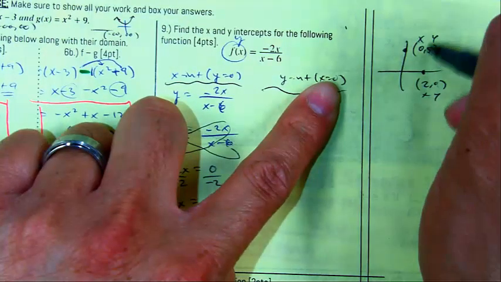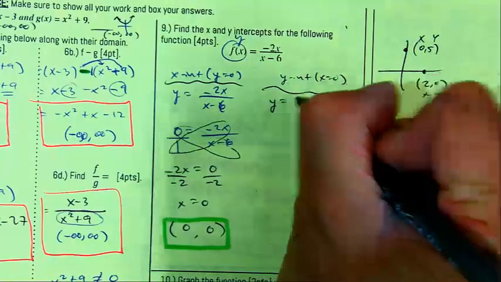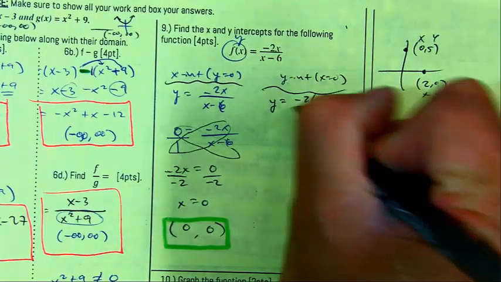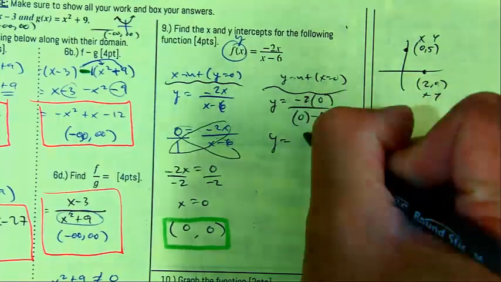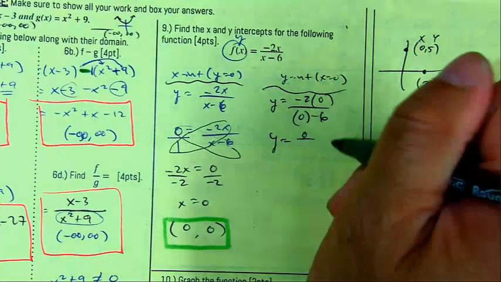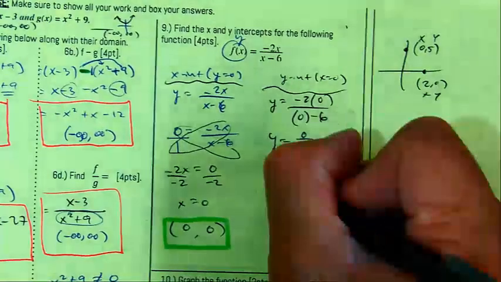Okay? So if we make x equal to 0, I'm going to get negative 2 times 0 is 0, and 0 minus 6 is negative 6, and 0 divided by negative 6 is 0.